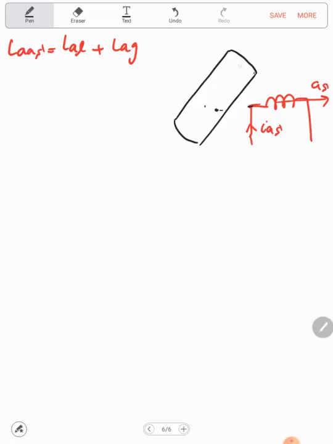And this is the Q, and this is the D axis, and the rotor is rotating by omega r speed.